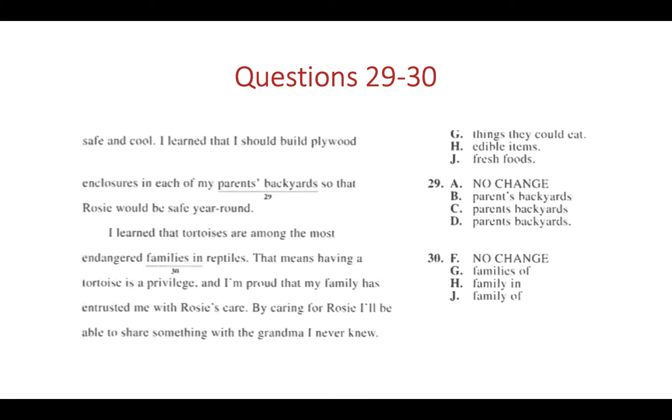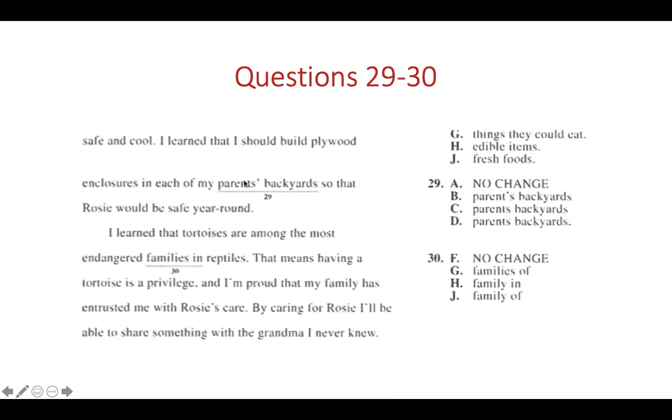29. I learned that I should build plywood enclosures in each of my parents' backyards so that Rosie would be safe year-round. So she has 2 parents. Okay, so this needs to stay plural. There's more than one parent, and so you need the S on the end to make parent plural, parents. And then each of them has their own backyard.